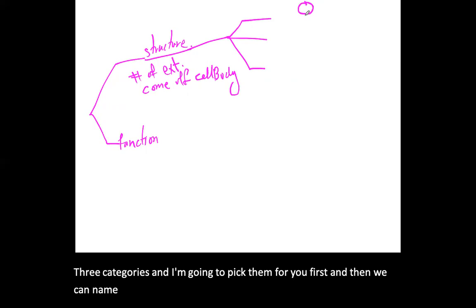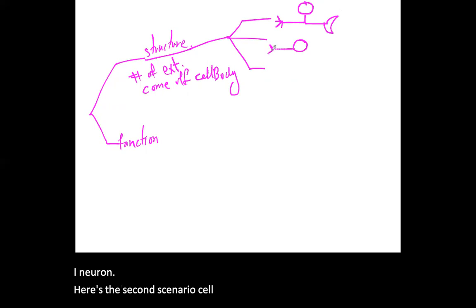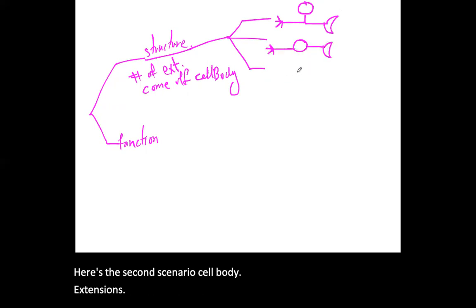Here's my cell body. Here's an extension. Here is my neuron. Here's a second scenario. Cell body, extensions. And here's the third scenario.